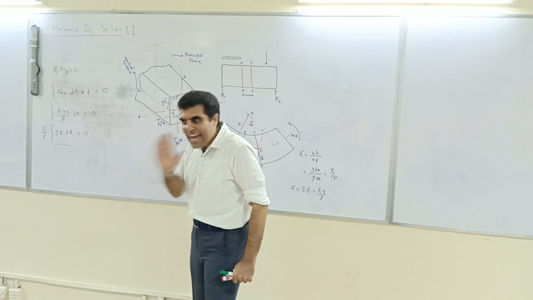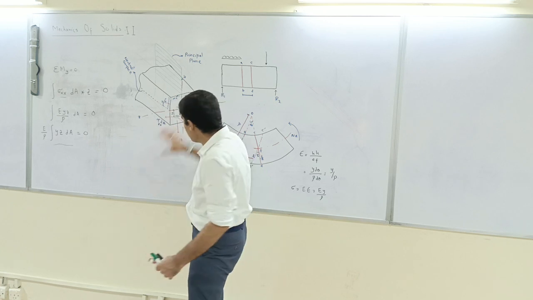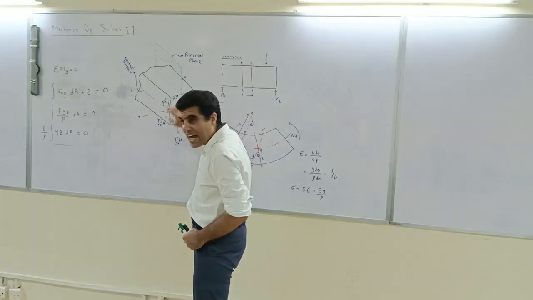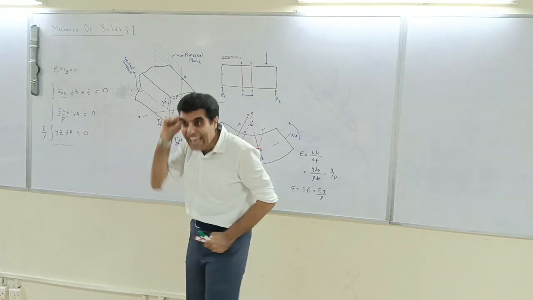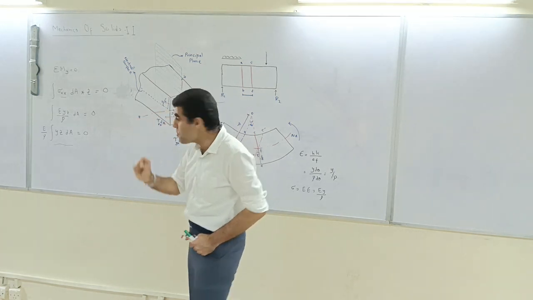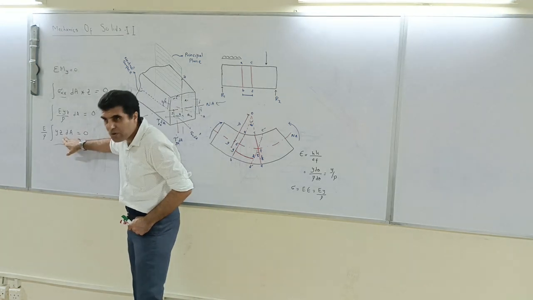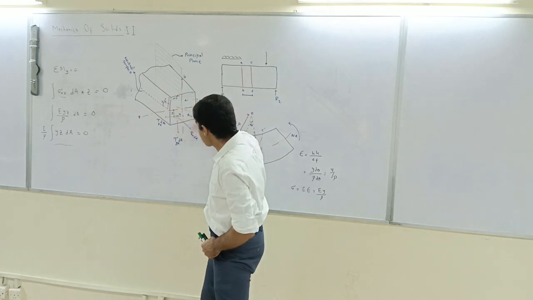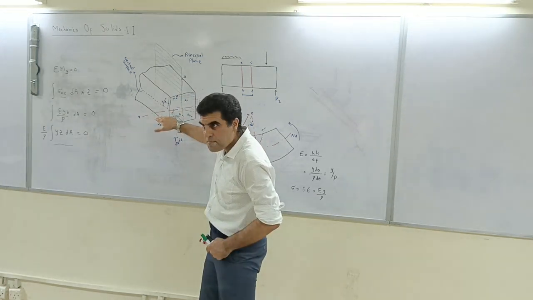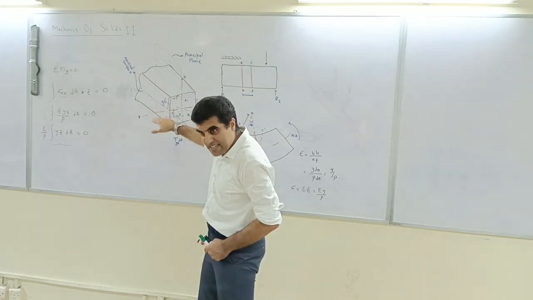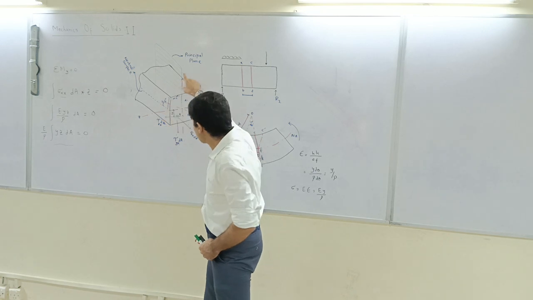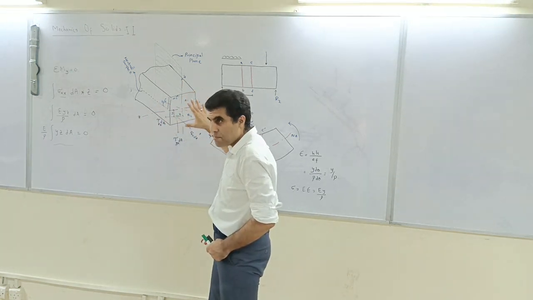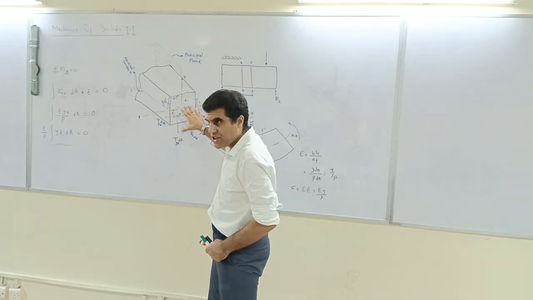The axis that gives you product moment of area 0 is called the principal axis. These two, y and z, are the principal axes of our rectangular cross section.